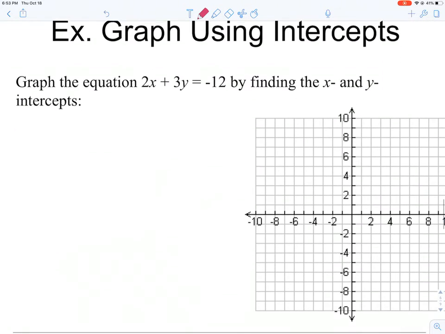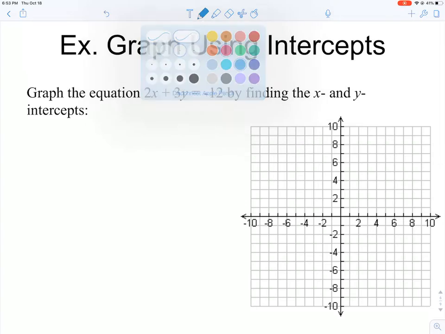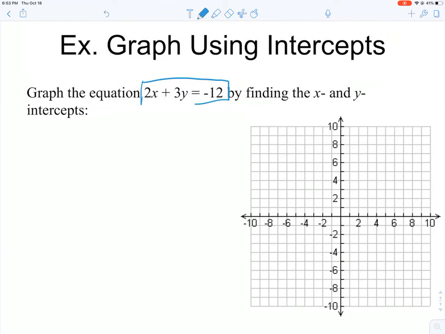All right, let's do another example. So we're again graphing an equation, the equation of a line that is in standard form. And we're doing that by finding the x and the y-intercepts. So to find the x-intercept, again, we know that y will be 0.